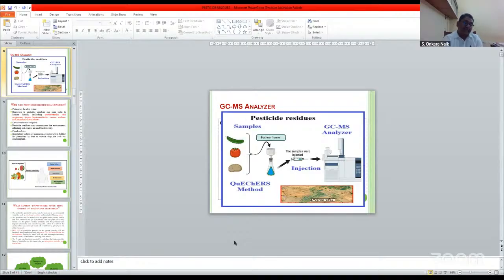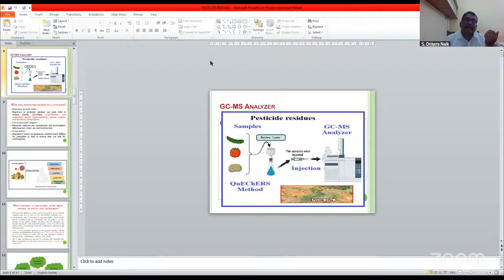Because if a rabbit eats grass or any leaves, then the concentration of that pesticide is very low. After that, when the rabbit is eaten by a snake, then the concentration will go higher. When the snake is eaten by an eagle, then the concentration will be 5 fold higher. This is how biomagnification or accumulation happens.